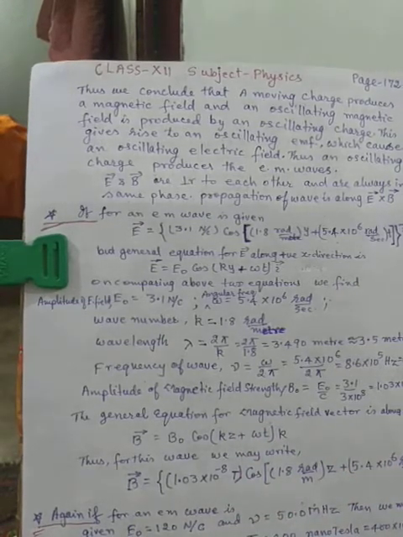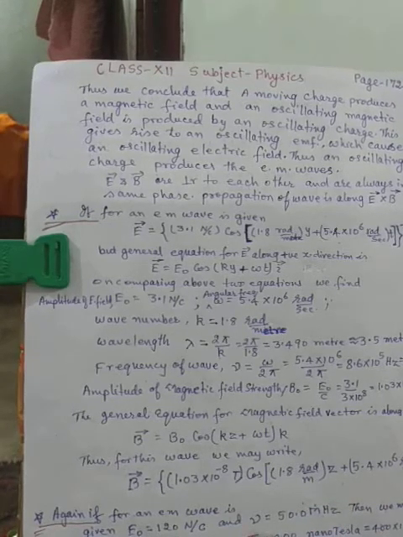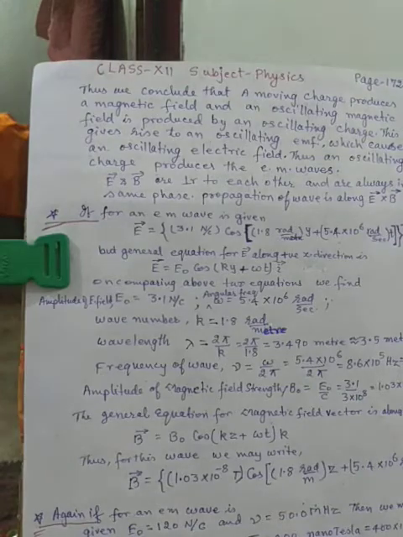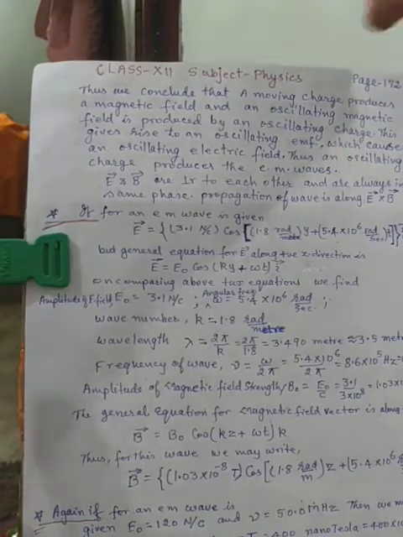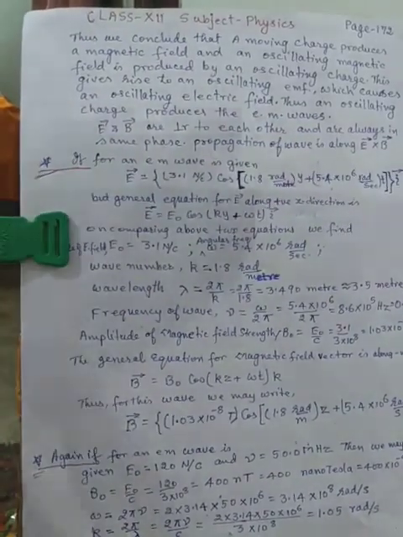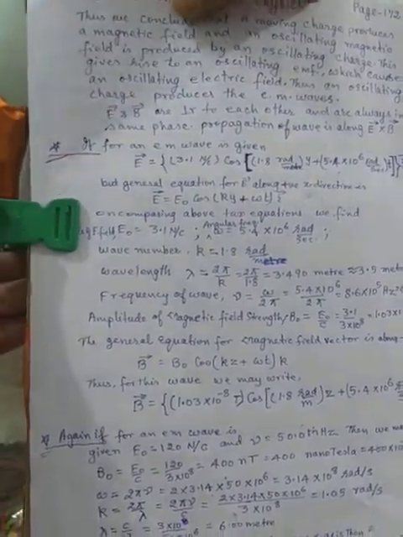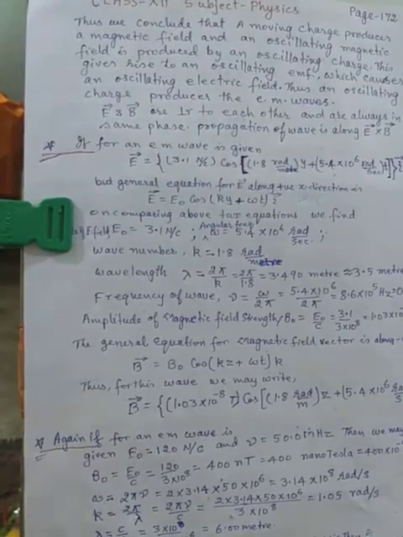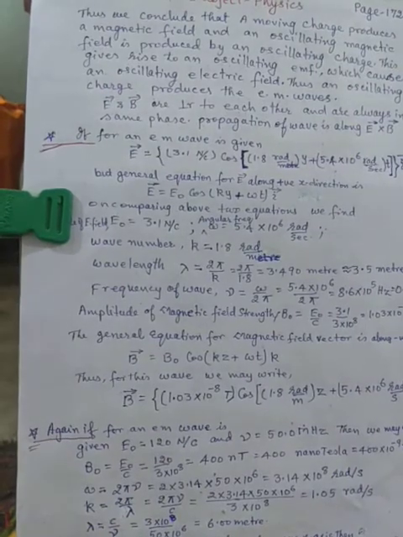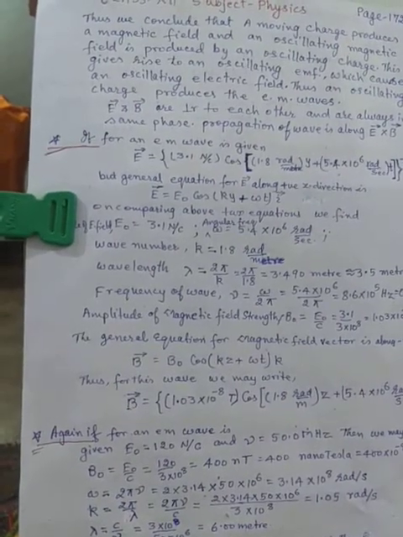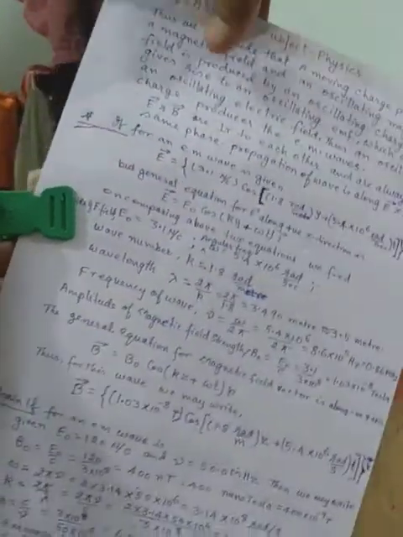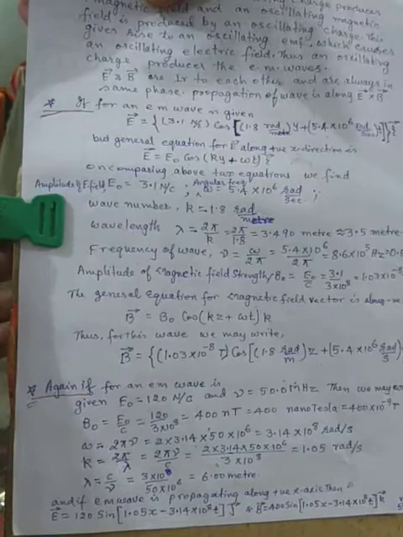that way we got the expression for magnetic field of this wave. Now the reverse process: if we are given the magnitude of electric field and we are also given the frequency of the electromagnetic wave, then in that case we would like to find the equation for the electromagnetic wave.